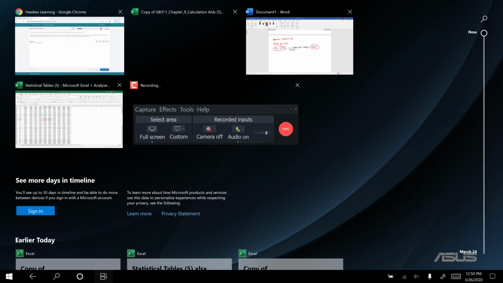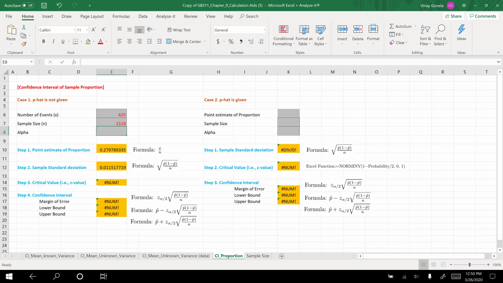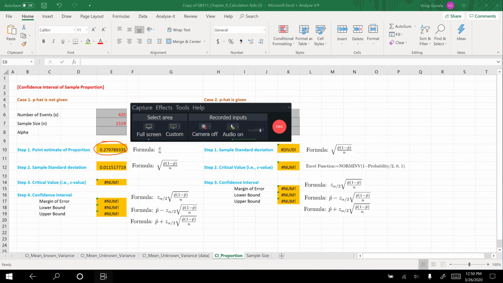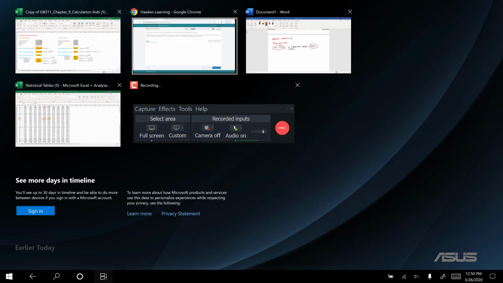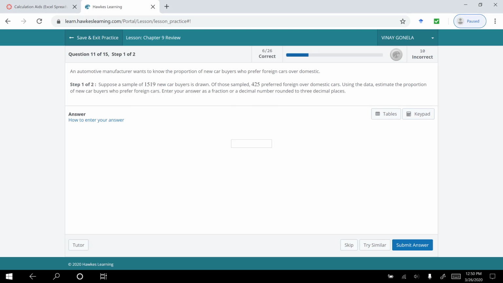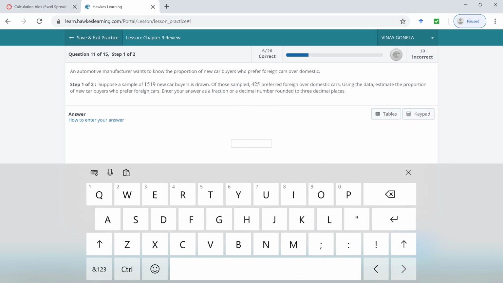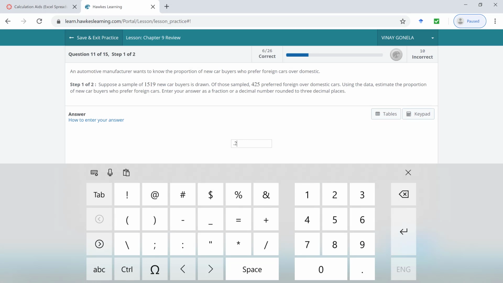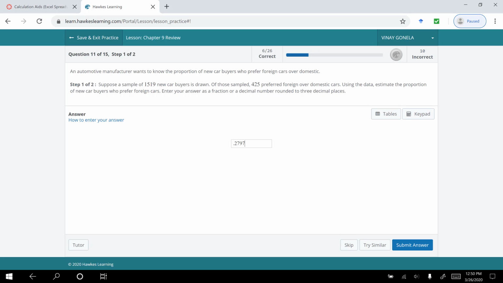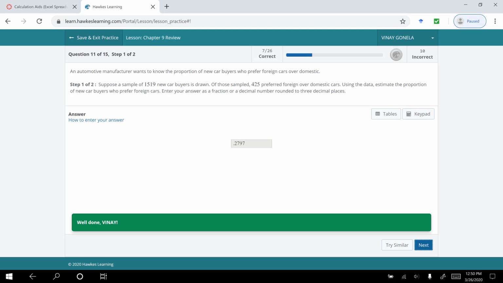So that is this value, point estimate of proportion, that is 0.2797. So I will go here and enter 0.2797 and hit submit. So that's good.